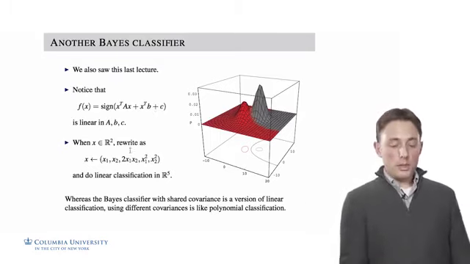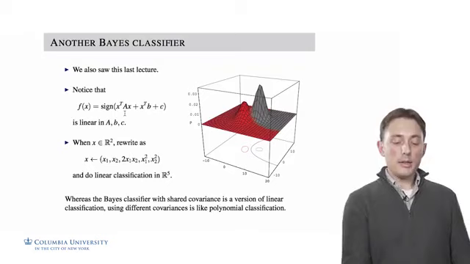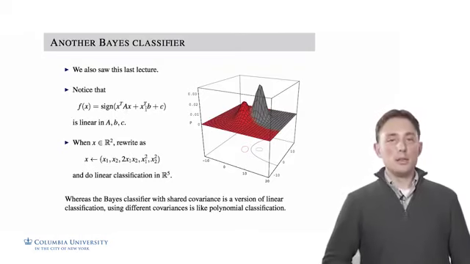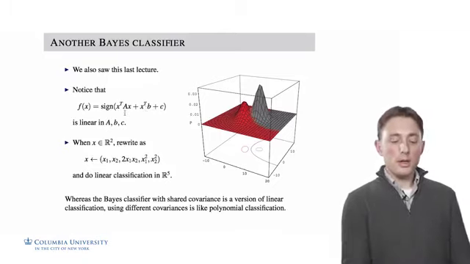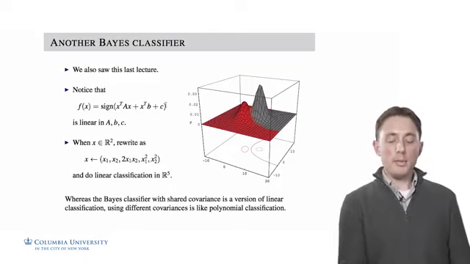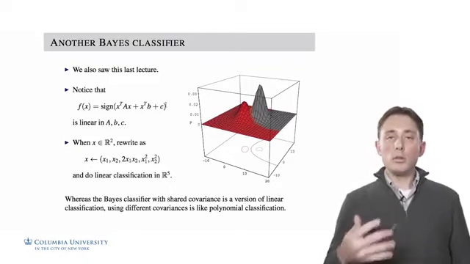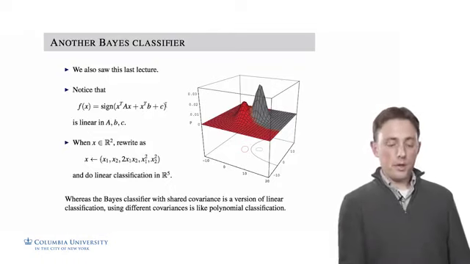What we can show is that actually this is linear in all of the unknown weights, a, b, and c. Similar to our discussion in regression, this is also a linear classifier because the weights that we need to learn, a, b, and c, are all linear. They all interact linearly with our data.